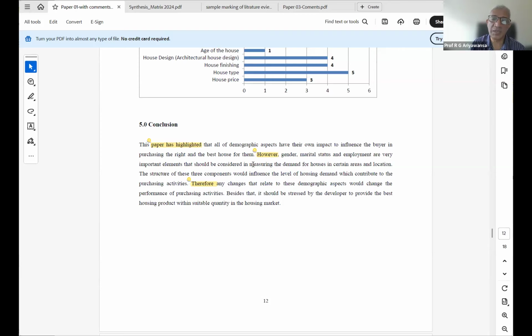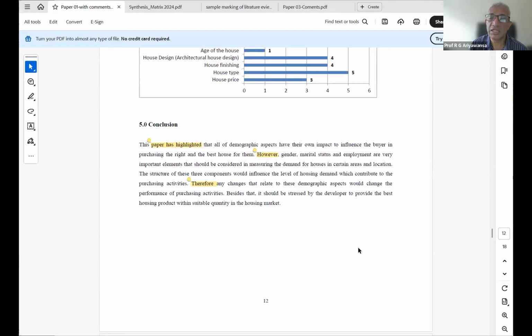So this group has identified this one, and suppose in India or in Sri Lanka, for instance, my research, if you go through my one, I may have identified something else. Then what you have to do is, according to this research, you can say in Malaysian study, gender, marital status, and so on, these are more important.